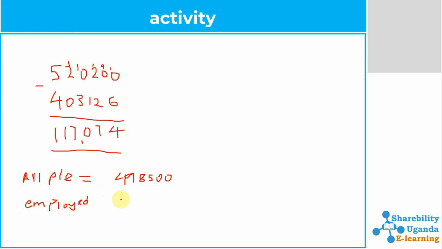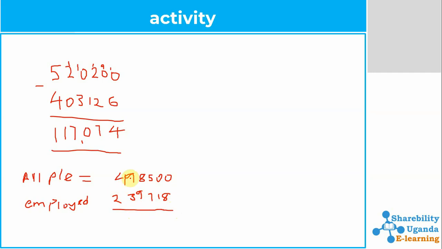These are the people who are employed. They are 239,718. These are the number of employed.